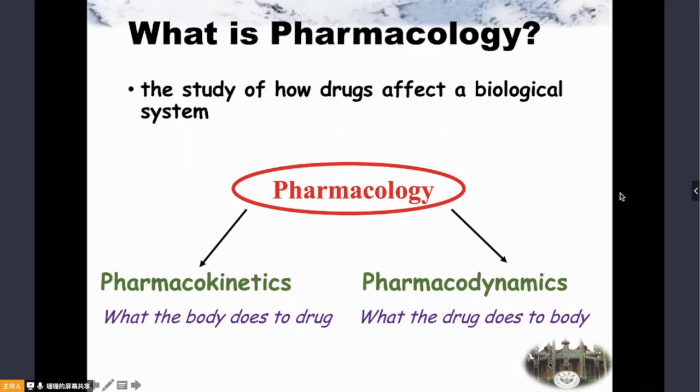But PD, pharmacodynamics, mainly focuses on what the drug does to the body. So today we mainly introduce pharmacodynamics.